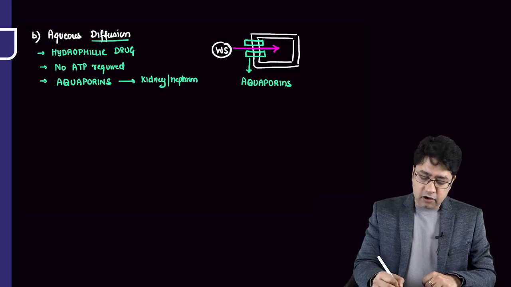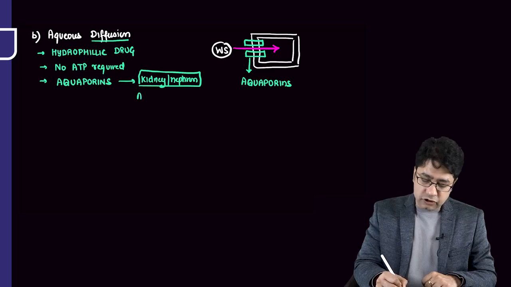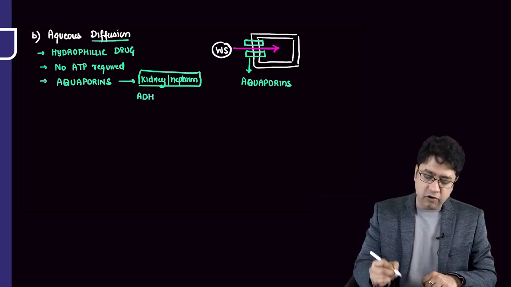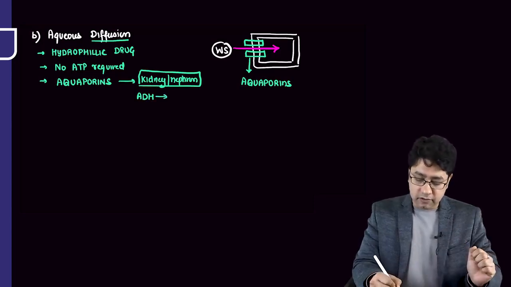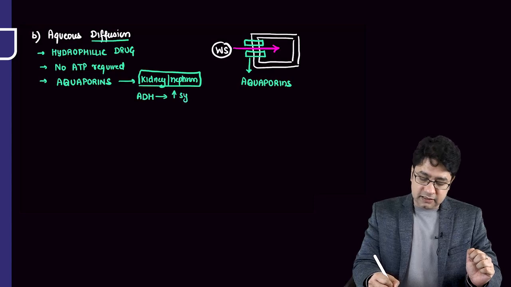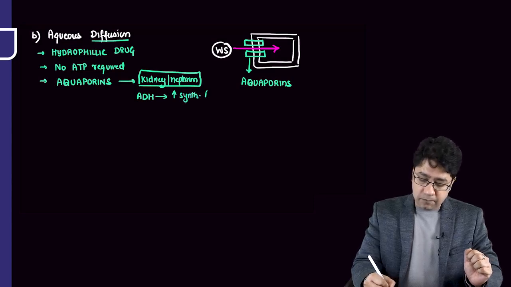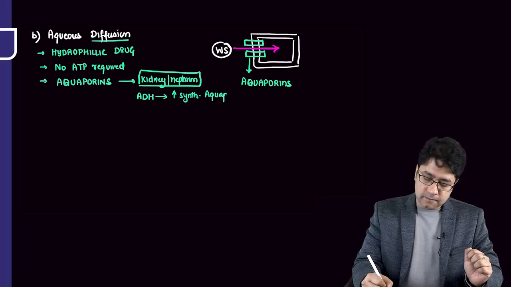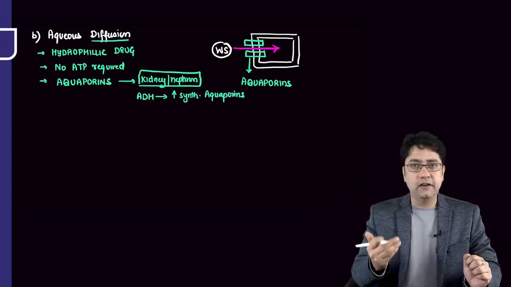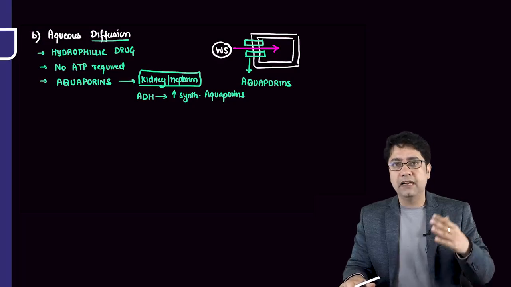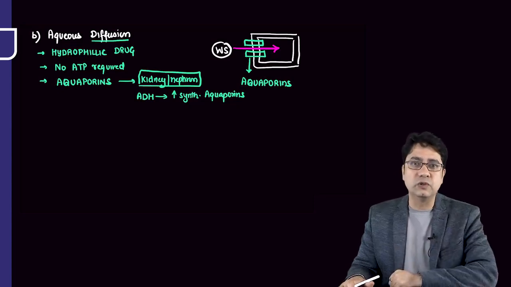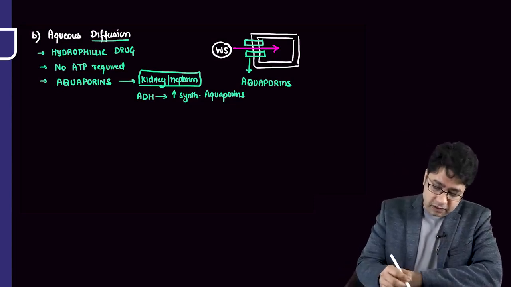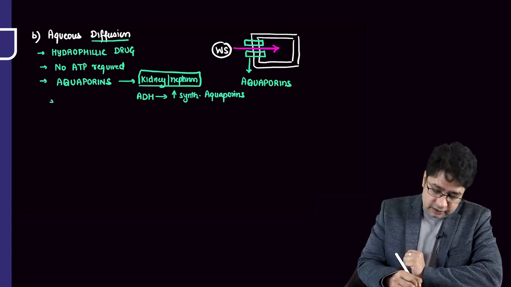Now, in the kidney or nephron, we know there is a hormone known as ADH, antidiuretic hormone. This antidiuretic hormone in the nephron increases the synthesis of aquaporins, through which water gets reabsorbed. But there are certain drugs which can get absorbed through aquaporins also. One classical example of a drug is lithium.